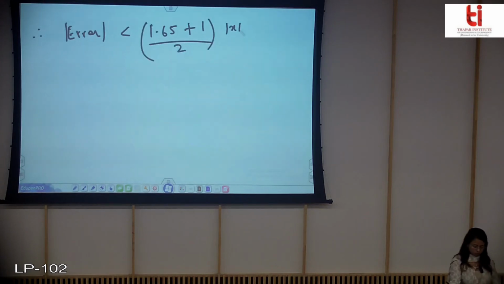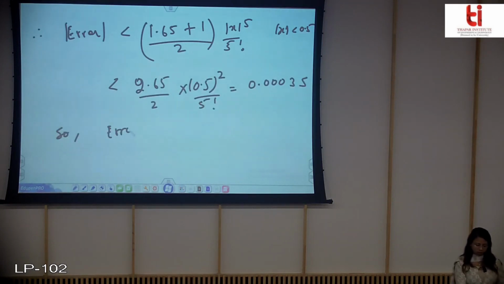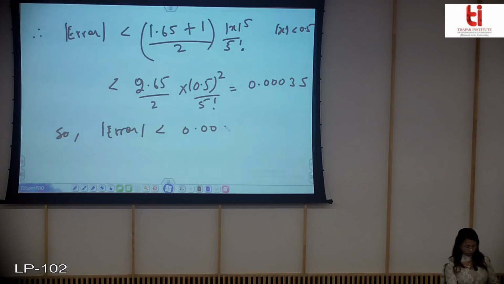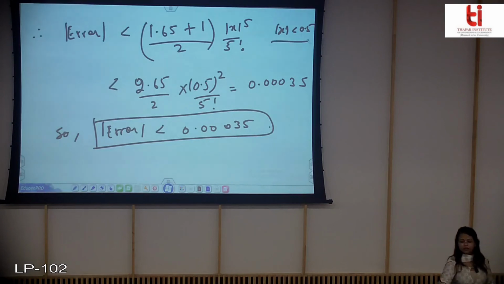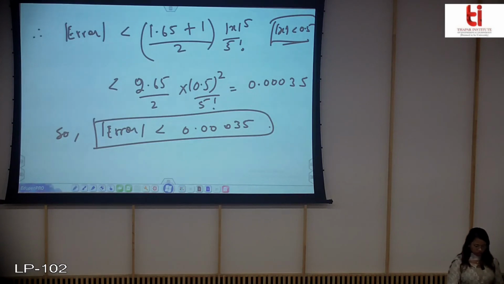Therefore, finally the error term will be less than (1.65 plus 1) divided by 2 into this, and you also have mod x as 0.5, so you can replace this by 0.5. So I'll write down quickly that the error bound is less than 0.035. That means that if your x is in between these values, the error will always be less than this.